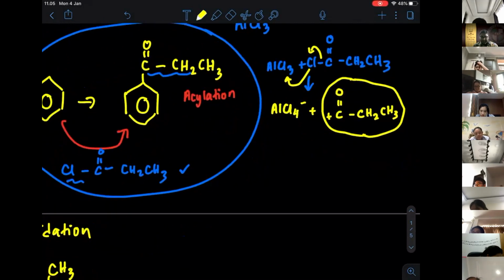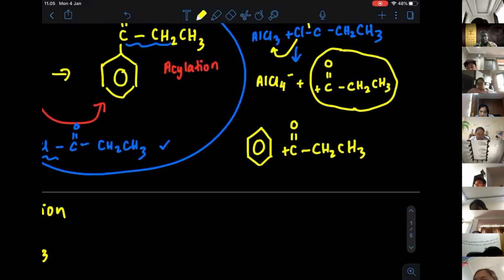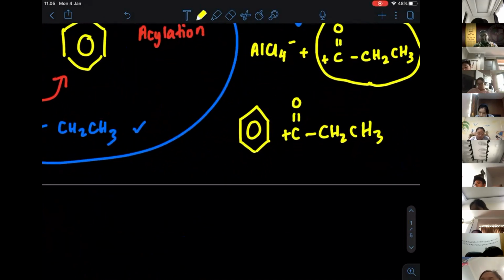The concept is basically you are going to have this benzene, and then you have C double bond O, CH2, CH3, and this is plus. If I want to draw the curly arrow diagram, the electron will move from here to here.